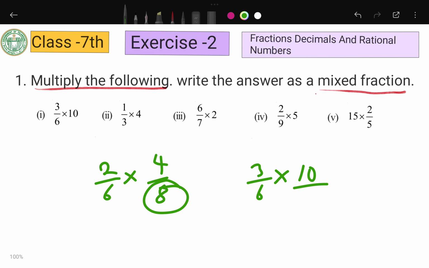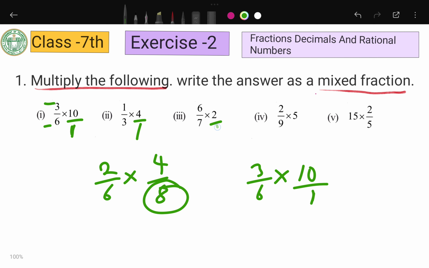So always remember, this is a numerator and this is a denominator. When the numerator is given and the denominator is not there, we will assume it as 1. Here 4 is there, and downwards we assume 1, because the numerator is there and the denominator is not. This is a rule of mathematics.